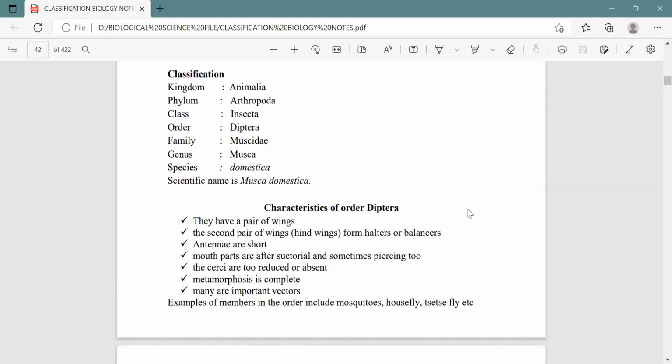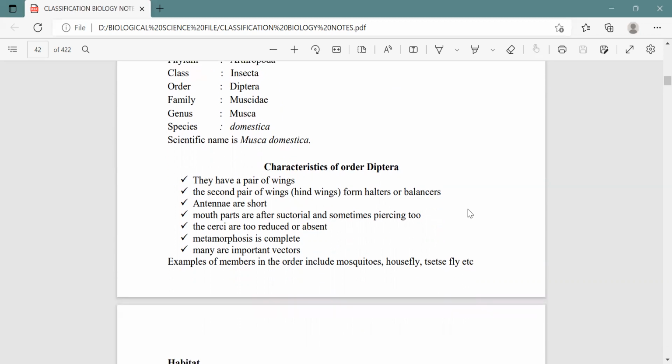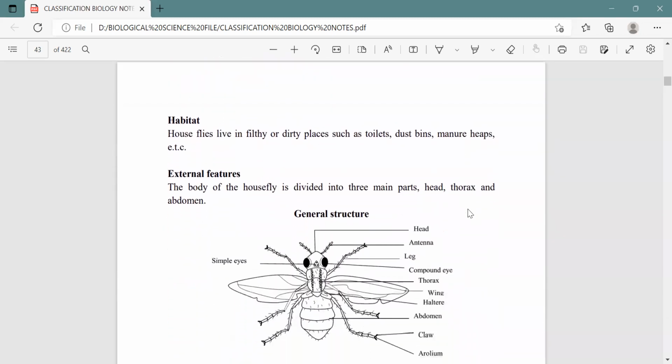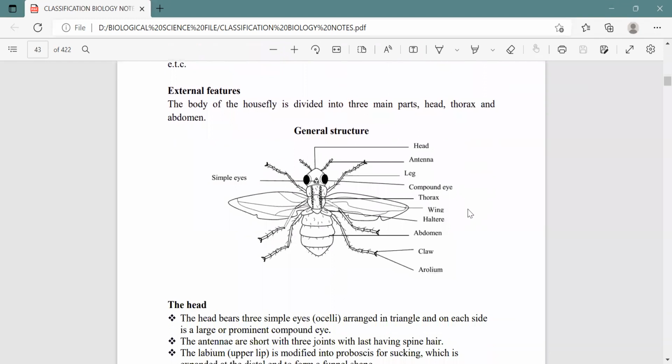As a teacher of IPS, you need to understand full classification. You need to understand the characteristics of houseflies, the external features diagrammatically.